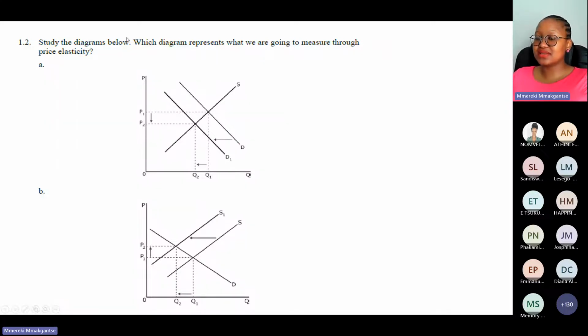Let's study the graphs. This is number 1.2 of activity 1. Looking at the graphs, which diagram represents what we are going to measure through price elasticity?